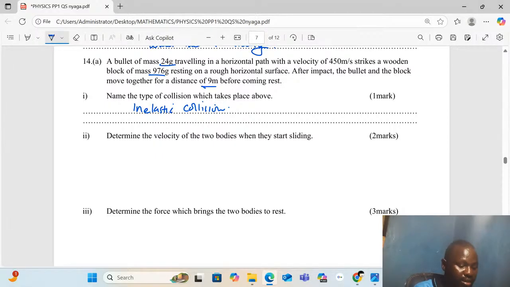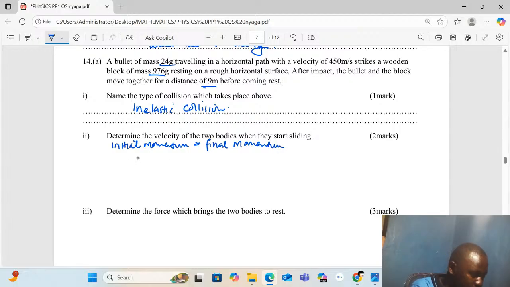Then you are told to determine the velocity of the two bodies when they start sliding, when they start moving together. So initial momentum is equal to the final momentum.